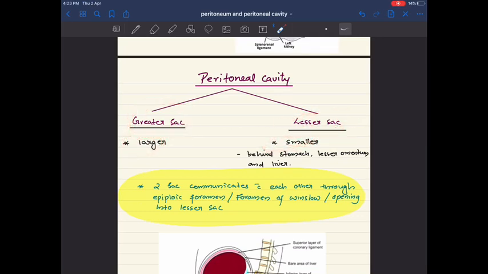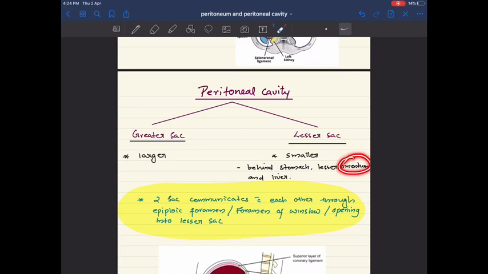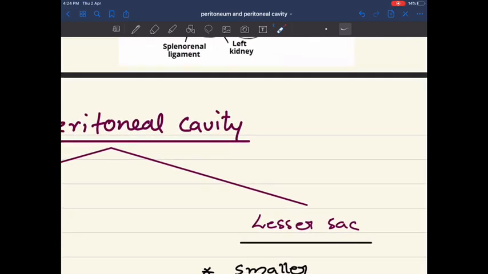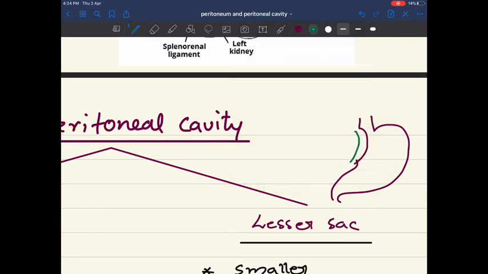Okay, where is lesser sac seen? Which is behind stomach, lesser omentum and liver. Okay, what is lesser omentum? I have told you omentum. So omentum is peritoneal fold of stomach. Okay, for example, this is stomach. So stomach has peritoneal fold. This is stomach's lesser curvature, this is stomach's greater curvature.